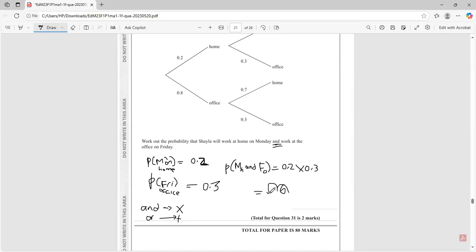So that will give us 0.06. So our answer is 0.06. This guy is going to work at home on Monday and Friday because of the "and".